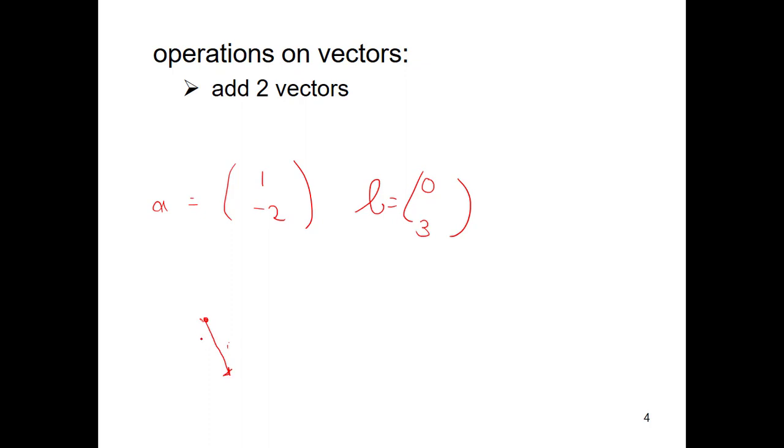So if we add those two vectors, we should start from the ending point of vector A. So that means we go 3 up. The total vector, the sum A plus B, would be this one. So starting from A, continuing at the end point of A with B, and then the result would be from the starting point of A to the end point of B. And this vector is then the result of A plus B.